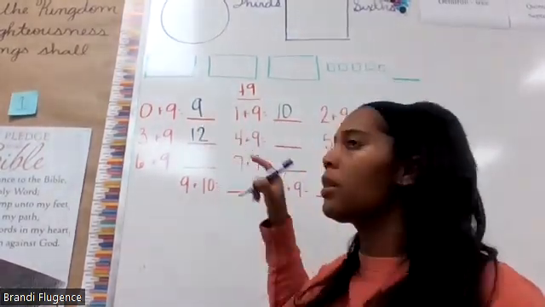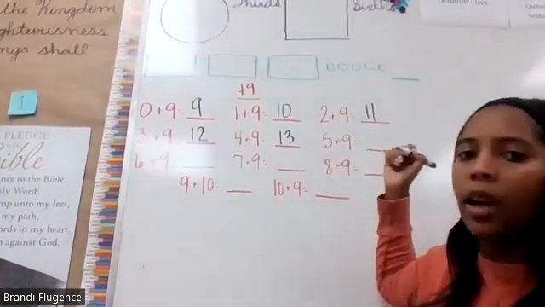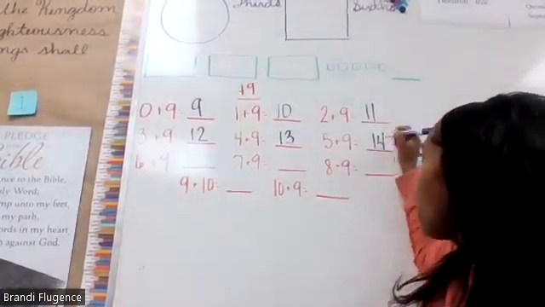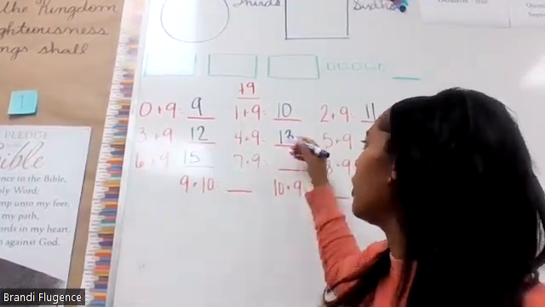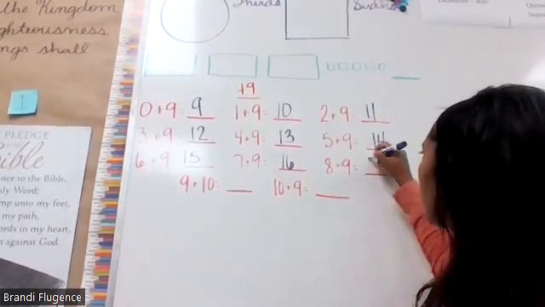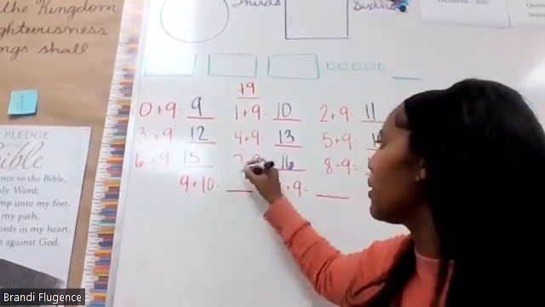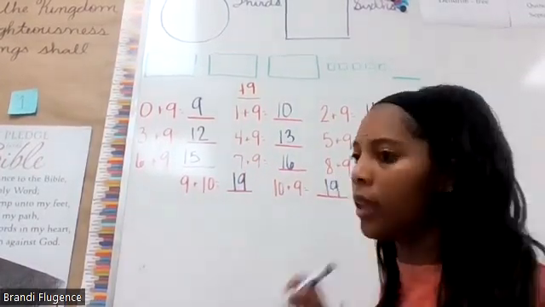Okay, next we have 4 + 9, 13. 5 + 9, 14. 6 + 9, 15. 7 + 9, 16. You can see the pattern. 8 + 9, that's a fact we learned already, 17. 9 + 9, 18. And then 10 + 9, 19.